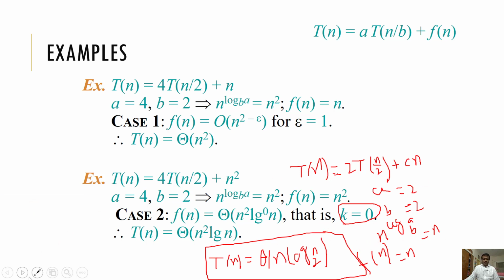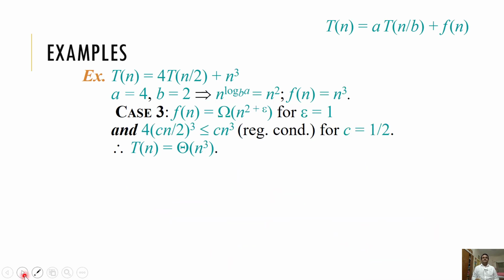Okay, so we take another example over here. This is another recurrence, T(n) = 4T(n/2) + n³. This is also of this form, where a is 4, b is 2. If you calculate n to the power log a base b, it is n², and f(n) is basically n³.